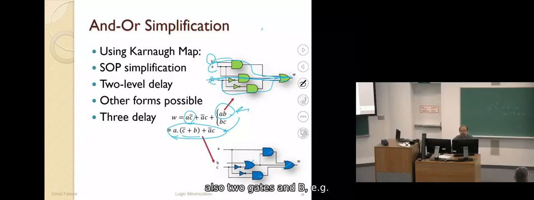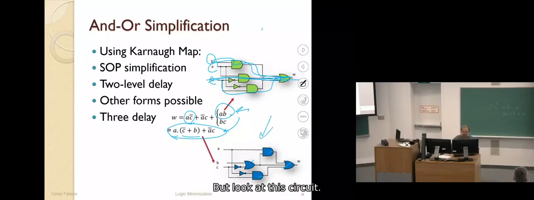And B, for example, from this path, 2 gates. You see, all of the inputs are passing through 2 gates to reach W. So if we say, for example, each gate has 4 nanosecond delay, then it means that we have the maximum of 8 nanosecond delay here.